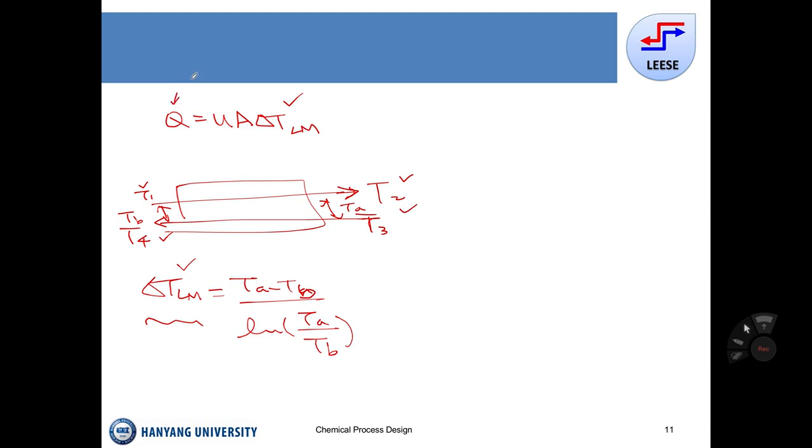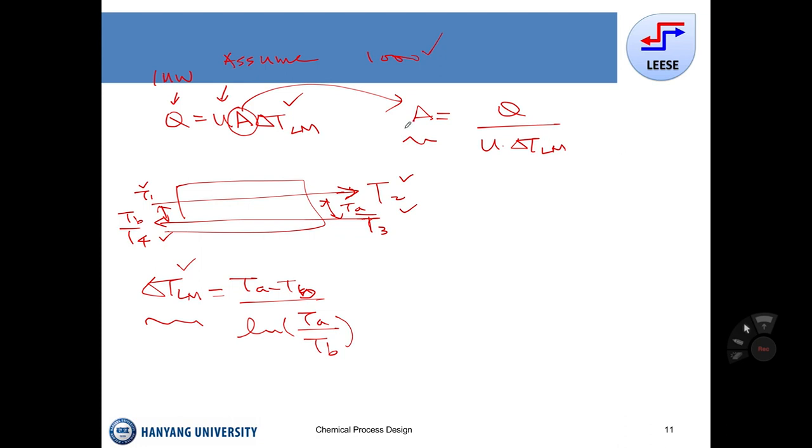So let's say Q is given as 1 megawatt. Then U is assumed, let's say 1,000, whatever, okay? What is A? I can calculate A based on Q, U, and the delta T log mean temperature, okay?